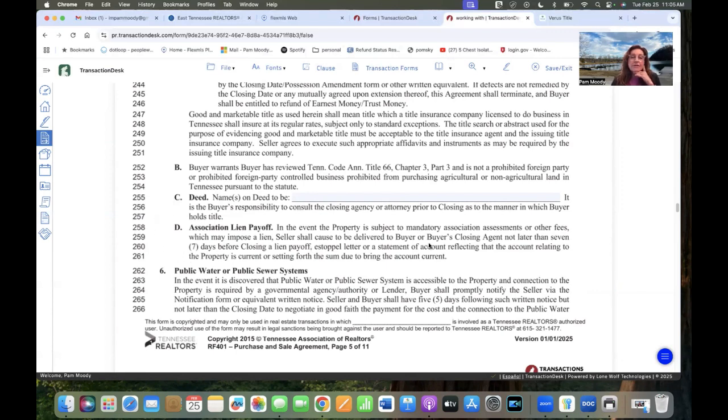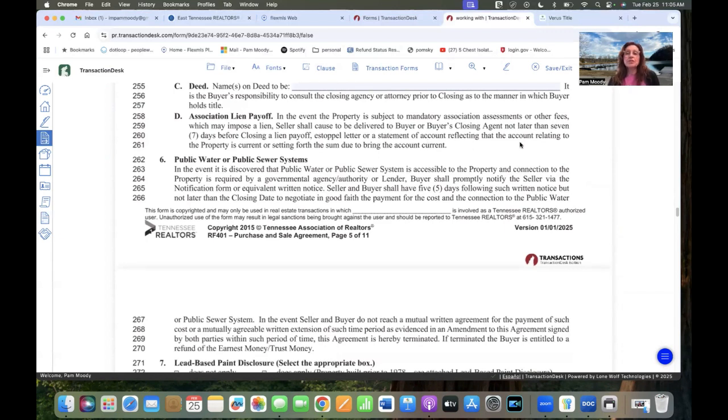Association lien payoff. In the event the property is subject to mandatory association assessments or other fees which may impose a lien, seller shall cause to be delivered to buyer or buyer's closing agent, not later than 7 days before closing, a lien payoff, estoppel letter or a statement of account reflecting the account relating to the property is current or setting forth the sum due to bring the account current at closing.